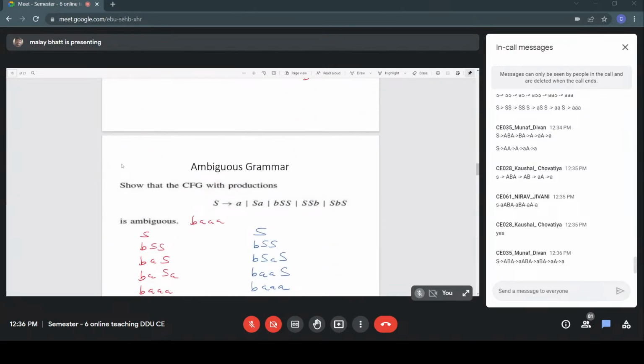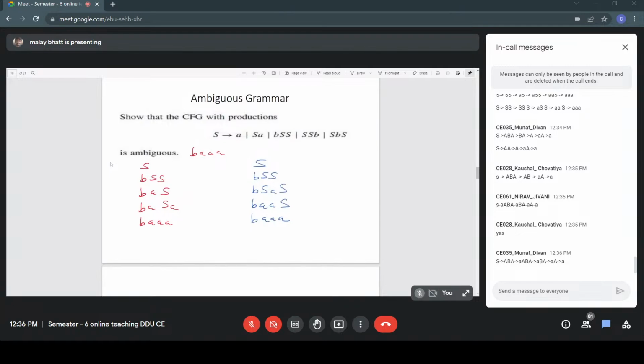Here we have one more example, a context-free grammar with the productions given, which is ambiguous. We have the string B triple A, and two leftmost derivations, as you can see here. From S, we get BSS. Now I'm replacing the S with A, so we get BA, capital S. Now I'm replacing capital S with SA.